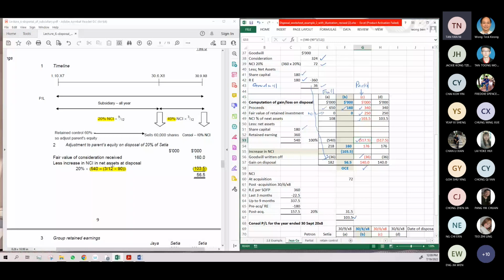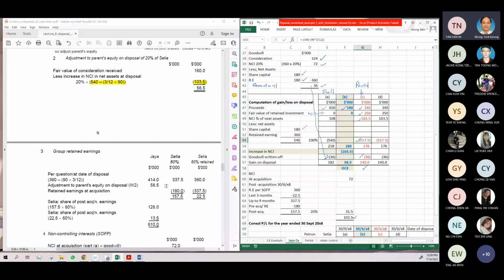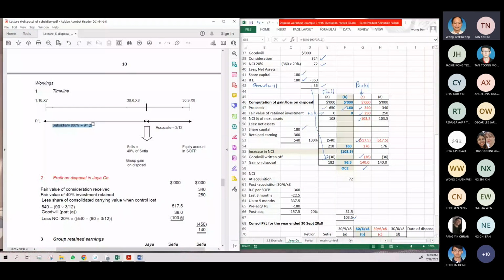That is the timeline here. The first 9 months you are an 80% subsidiary. When you sell off one half of it, you become a 40% associate for the last 3 months. Then the remaining equity is accounted for. In this case you have to compute the gain or loss on disposal, and you also do equity accounting.